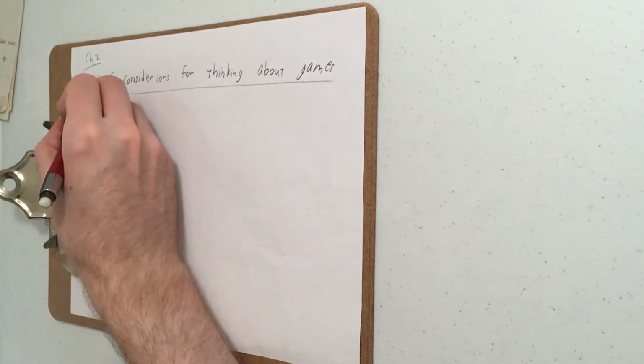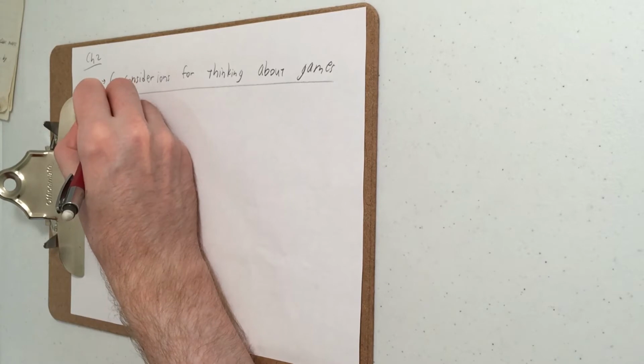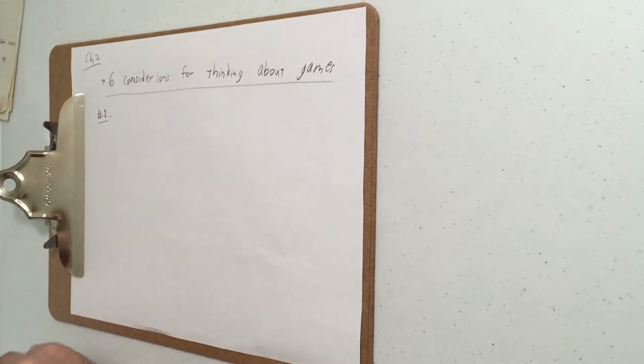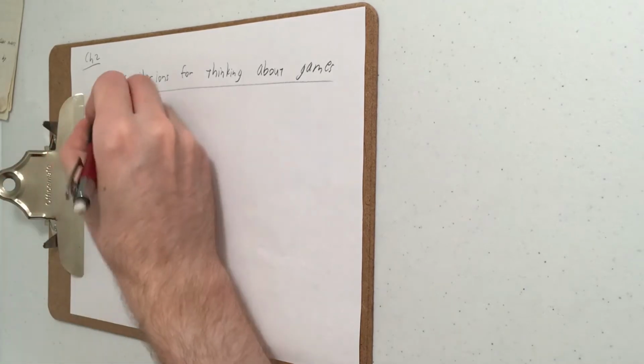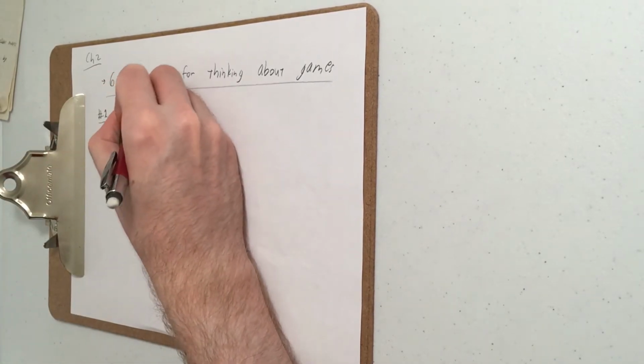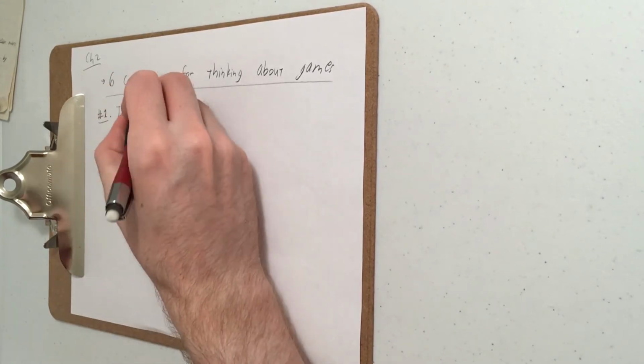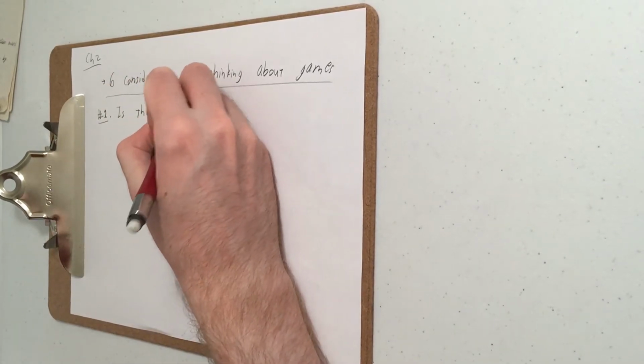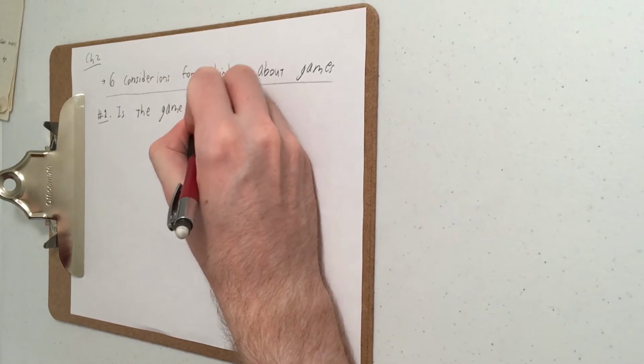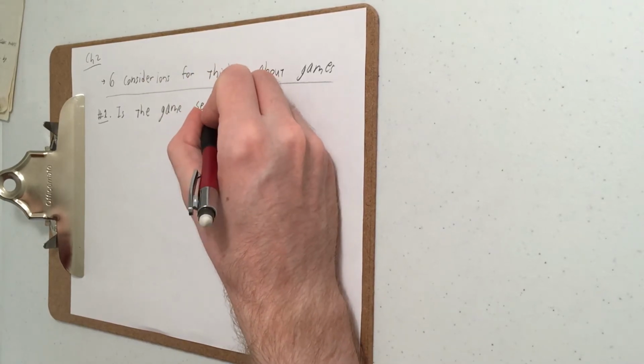Consideration number 1. Is it a sequential game or is it a simultaneous move game? That refers to how the turns are played out. So if it's a sequential game, the players take turns.